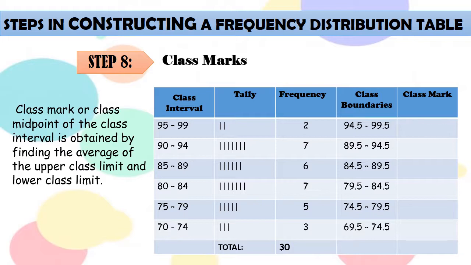To find the average, we add the upper class limit and lower class limit and divide by 2. So, the class mark of our first class interval is 72, and then we get 77 for the second class interval, and so on until our sixth or last class interval is 97.